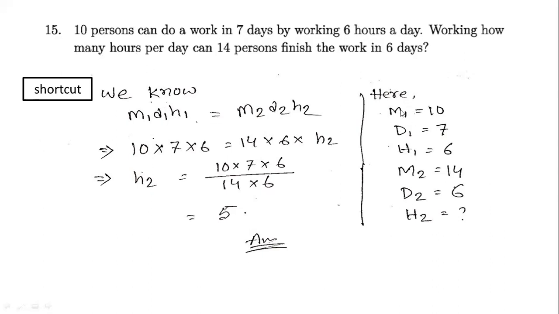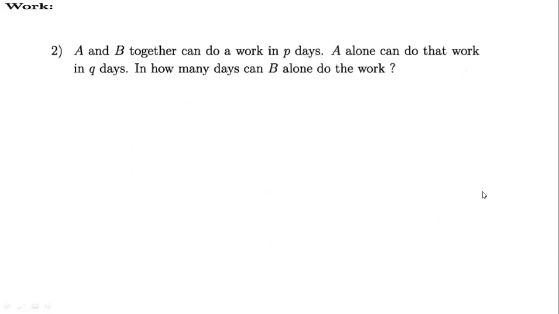Here M is man, D is day, H is hour, and the second time M is for man, D is for day, and H is for hour. Then we get M1 D1 H1 equal M2 D2 H2. After calculating you get H2. So very easily we can solve these types of math. It's a shortcut for you. You may go for this.